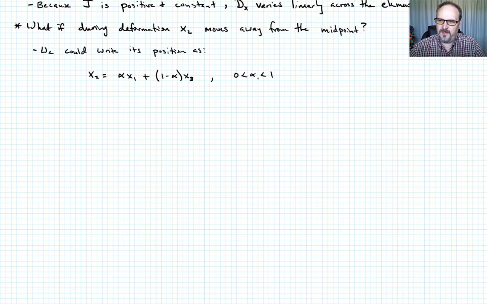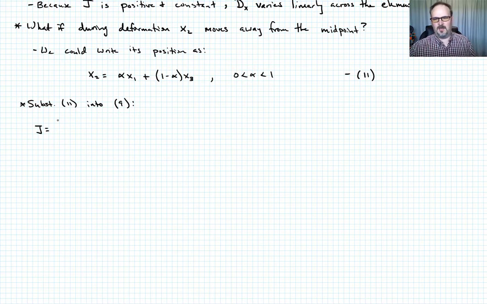And at alpha being 1/2, that returns back what we got from equation 7. But now we're just saying let alpha vary, so that's going to be something that we can modify. Let's call that equation 11. Okay, so I'm going to substitute equation 11 into equation 9. And so I'm able to now write the Jacobian, which will now be in terms of alpha.